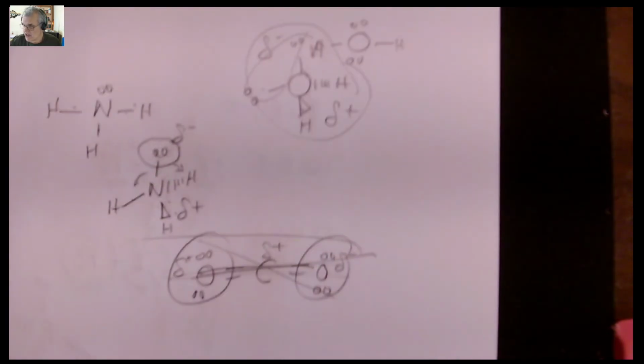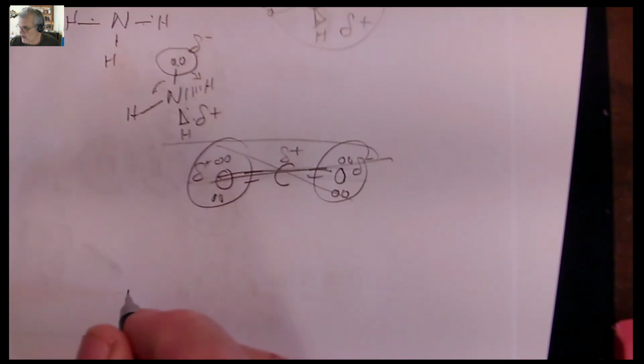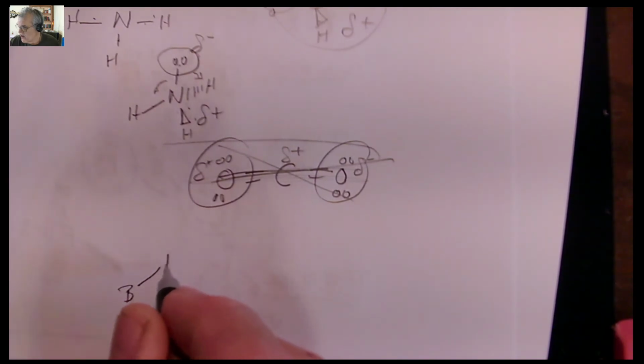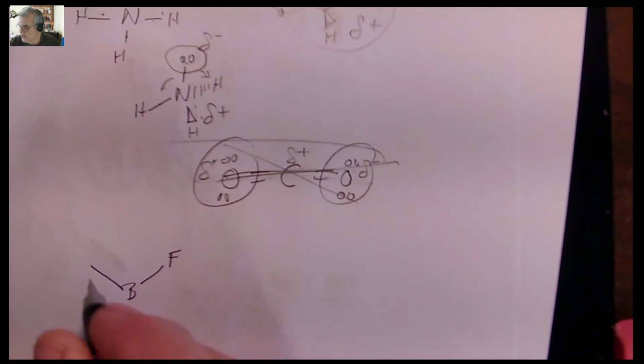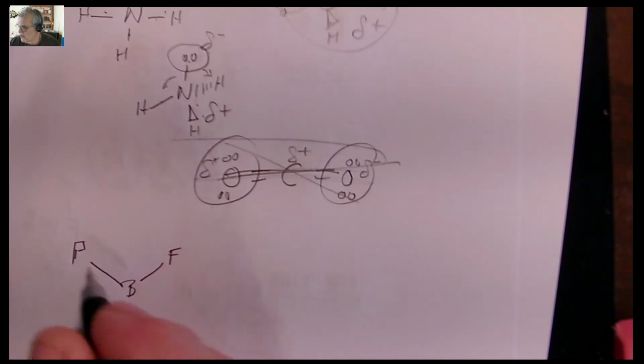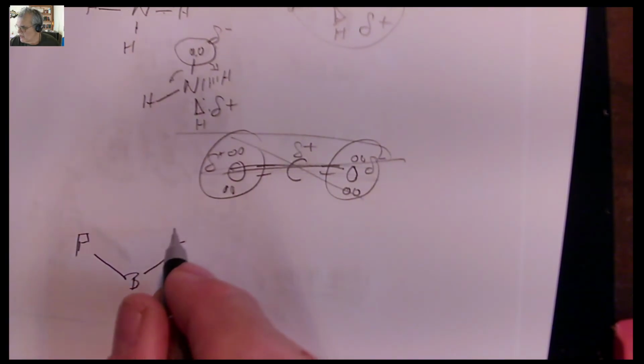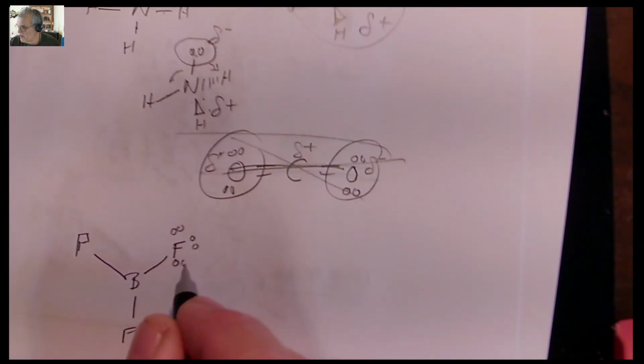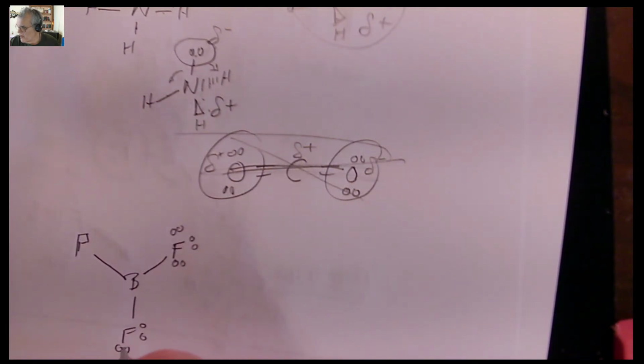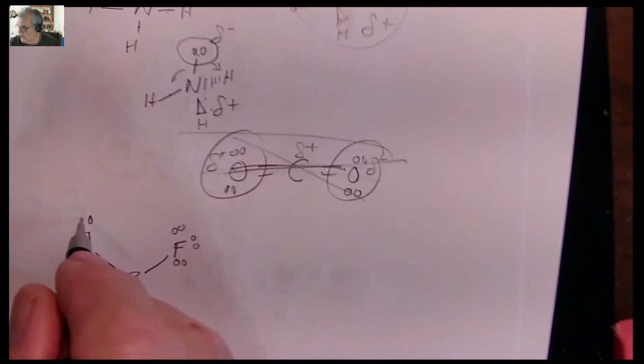For structure, what was it? We drew this before when we had the boron trifluoride, right? And I said these have lone pairs on them. And obviously the fluorine is much, much more electronegative than the boron.